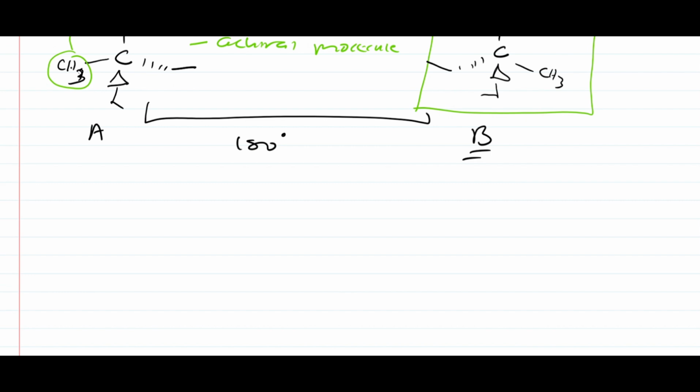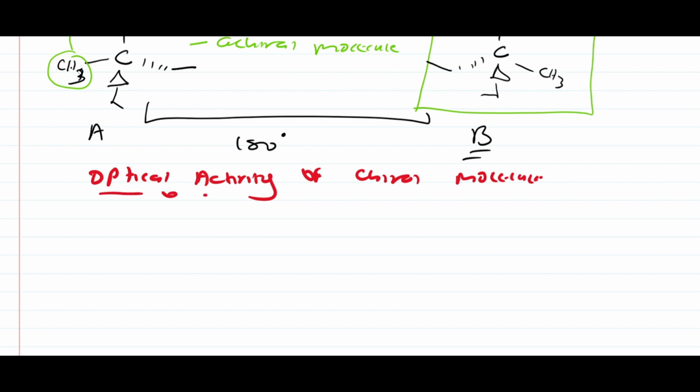Now, to understand how optical isomerism works, we need to know about the optical activity of chiral molecules. From the introduction, there are key things that we need to understand.